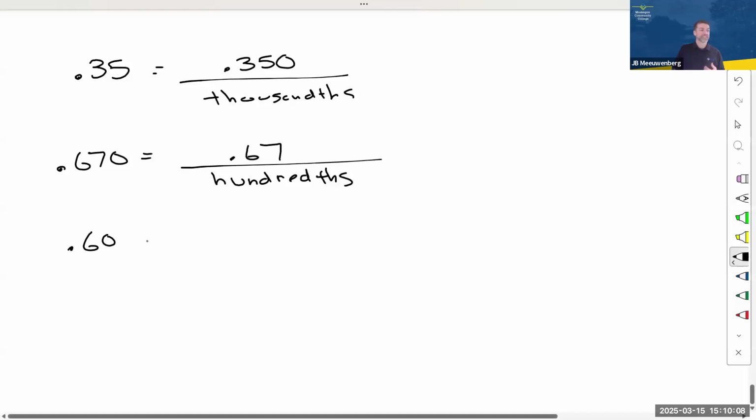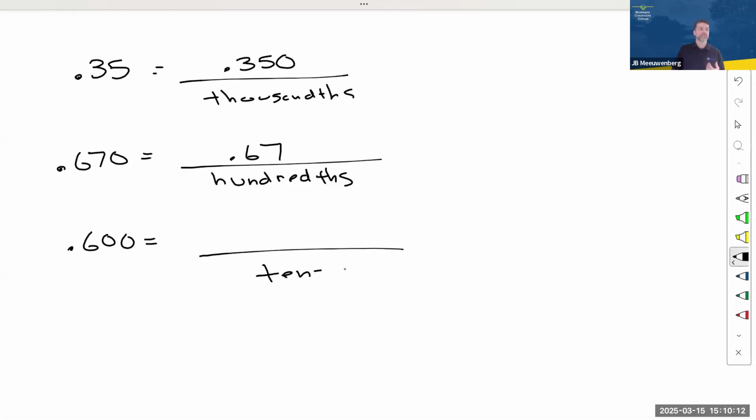Finally, we could put 0.600 and say, I want to write that, but only state it to the tenths place. Again, because it has these zeros at the end, 600 thousandths could also be written as 6/10. Again, they represent the same amount of stuff.